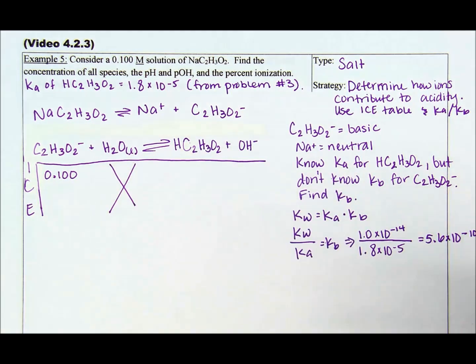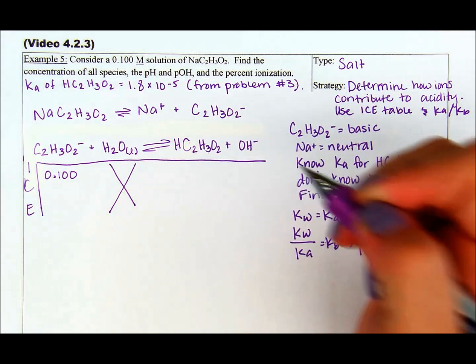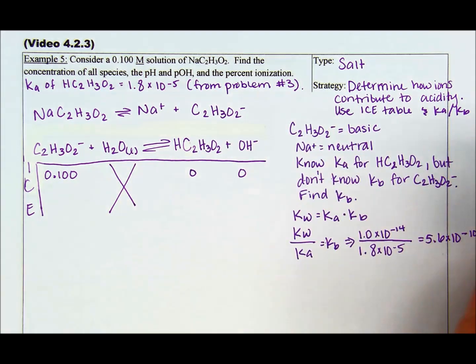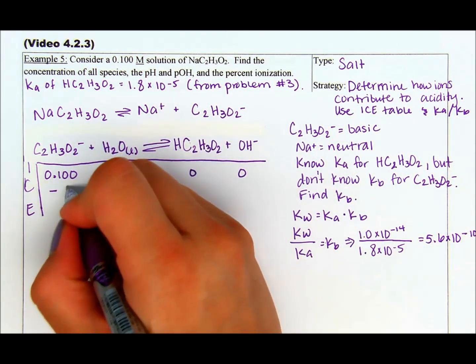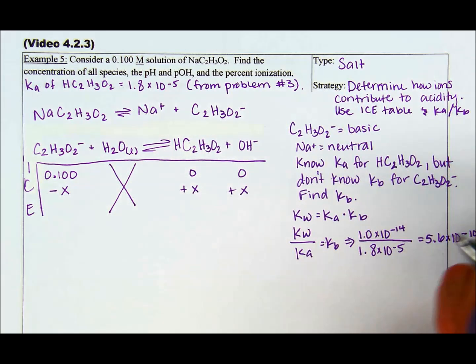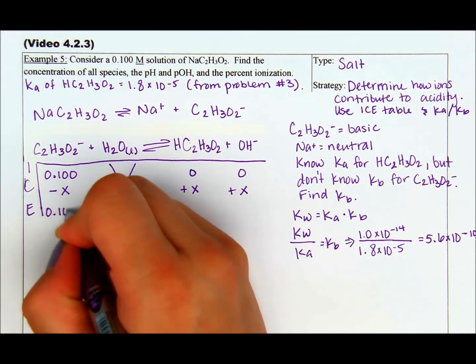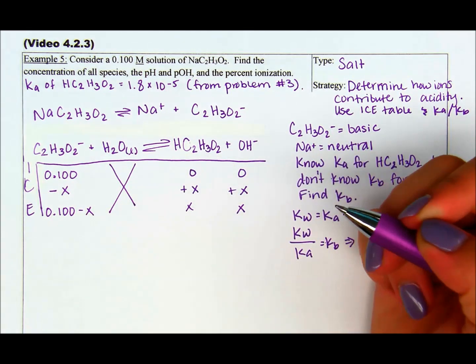Now remember, liquid doesn't count, so we can go ahead and X that out. This is going to be just a normal ice table, so you start with 0 and 0. We don't know how much this is because this is going to be a weak base, so minus X, plus X, plus X. So 0.100 minus X, X, and X there.